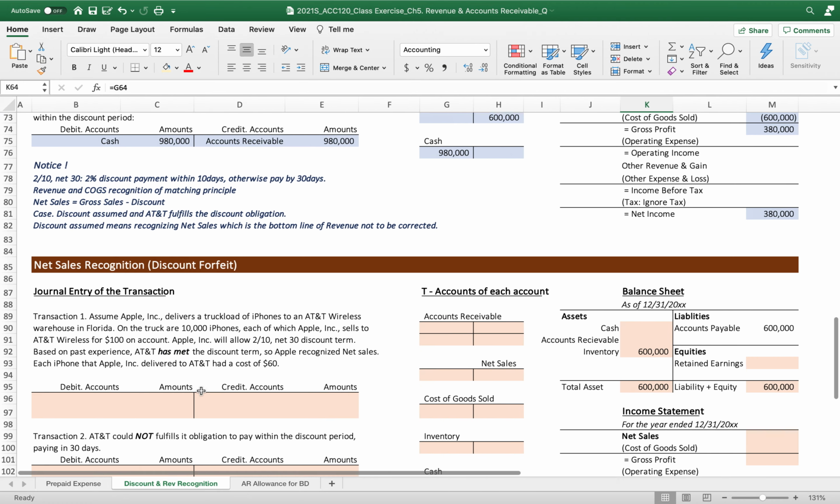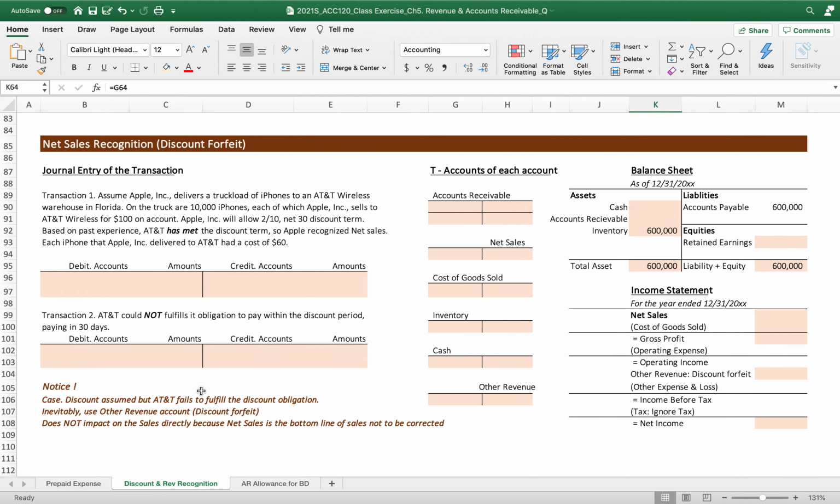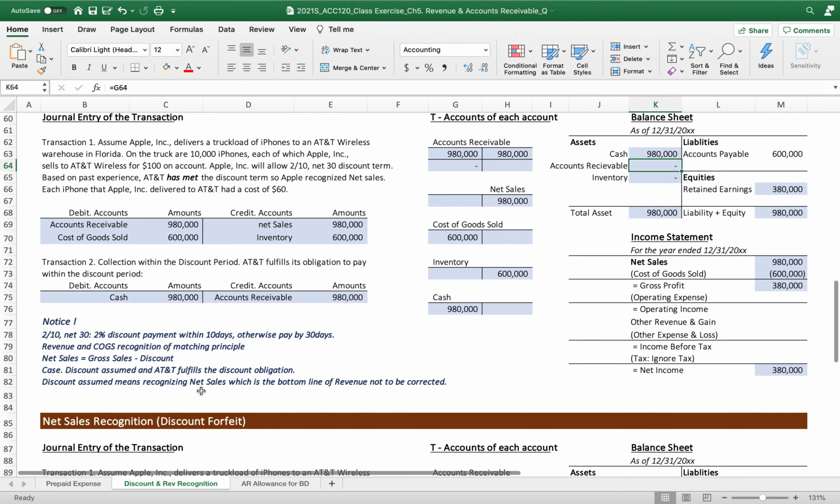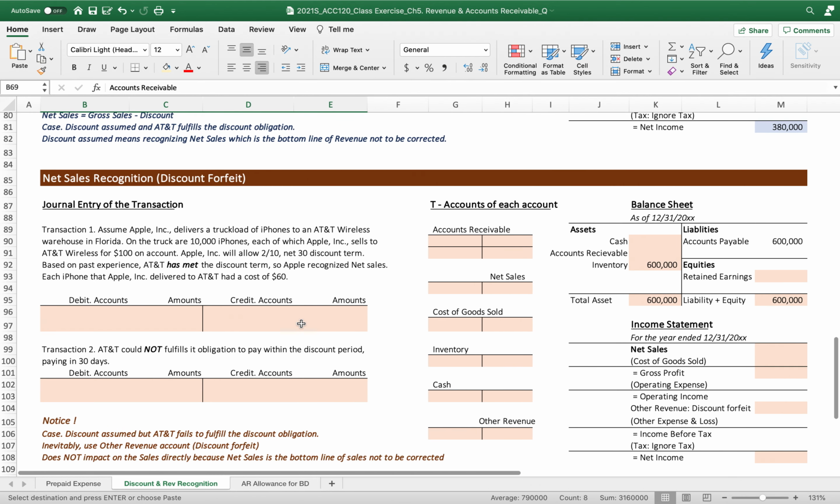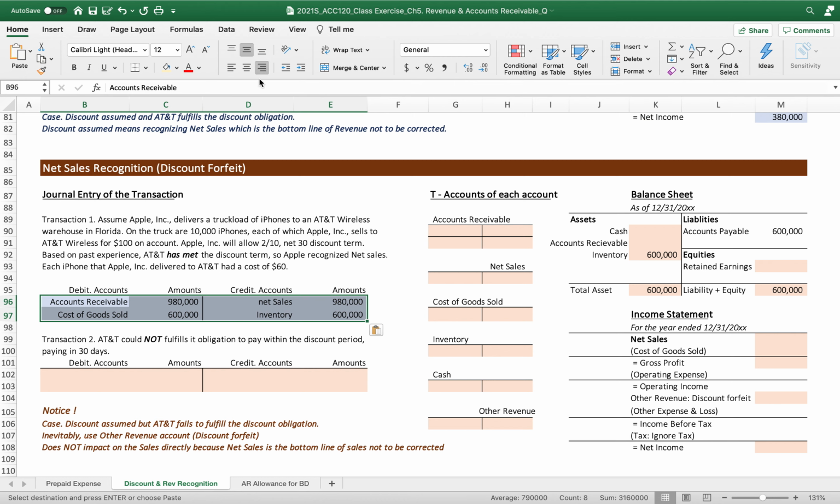Okay, then next, as you guys expect, it's a totally different situation. The starting point is the same. So we start from the same transaction. Apple considers the 2% discount, as AT&T usually pays within 10 days to take the discount advantage, and then net sales is the starting point, and then matching principle, inventory out.